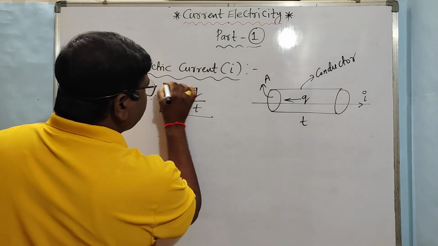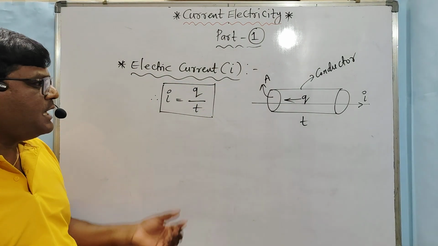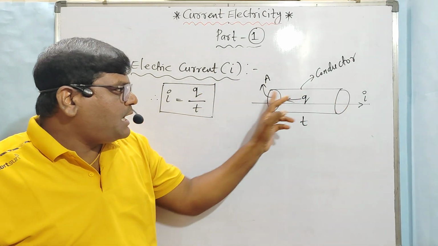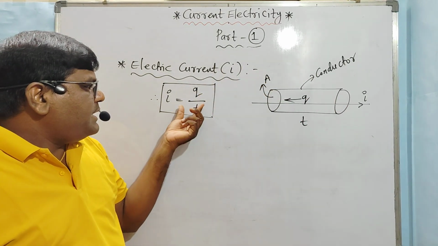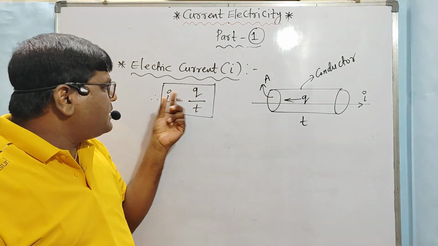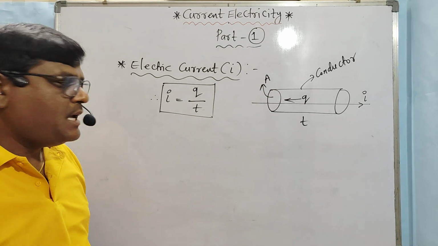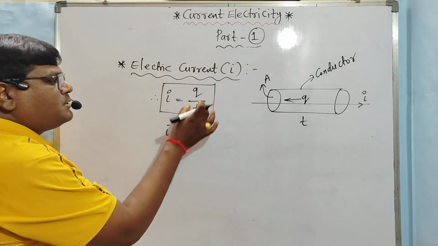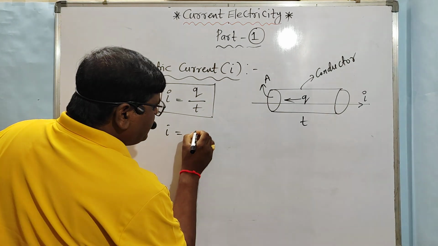Q by t means how much charge is flowing from one end to the other end of the conductor in a time interval of t seconds. This is called electric current. Of course, electric current is equal to total charge by total time.